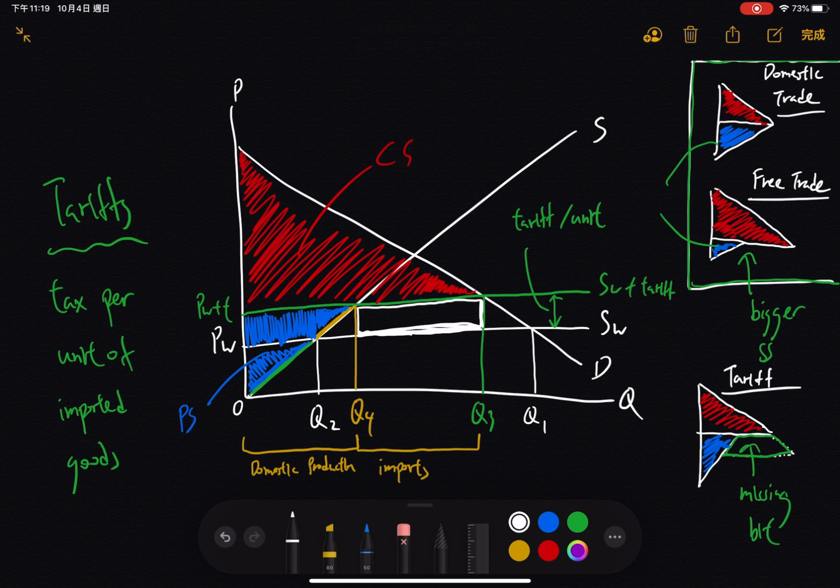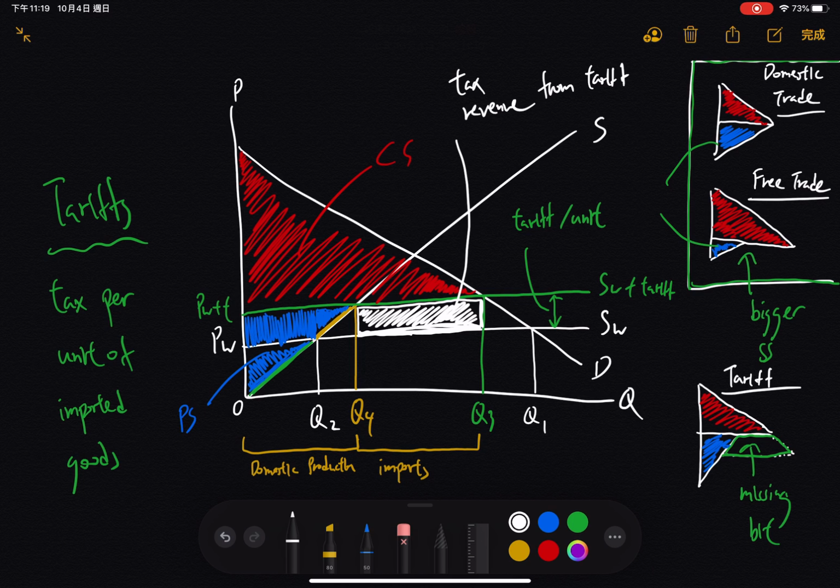So we are certain that this white rectangle area is just the total tax revenue that our government will receive when the importers sell goods to our country. Does it make sense? So this area here is just the tax revenue from tariff.